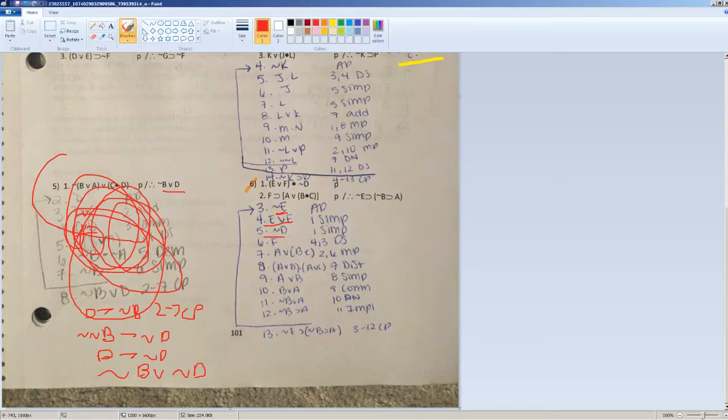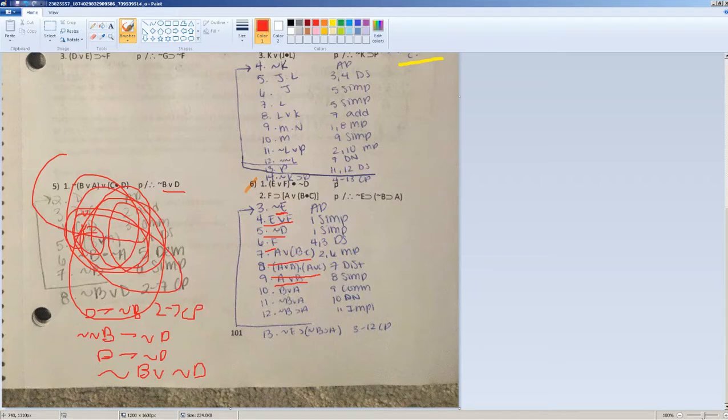You got the not D, which is exactly what I did. You got the F, exactly what I did. You got the A or B and C, which is exactly what I got. Then for A, you use this distribution, which is exactly what I did. Then you simplified for 9, which is exactly what I did.